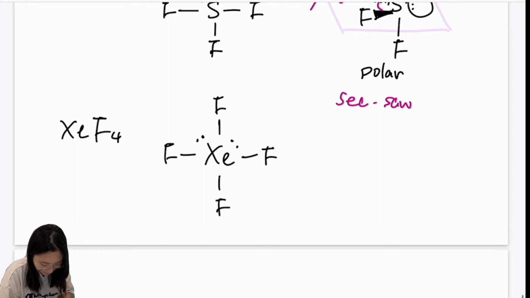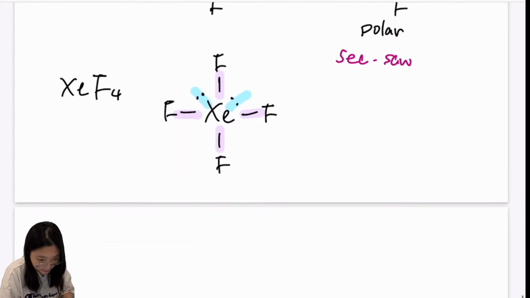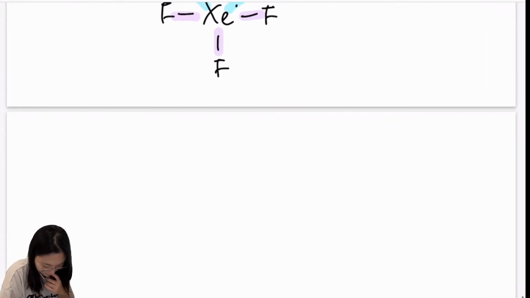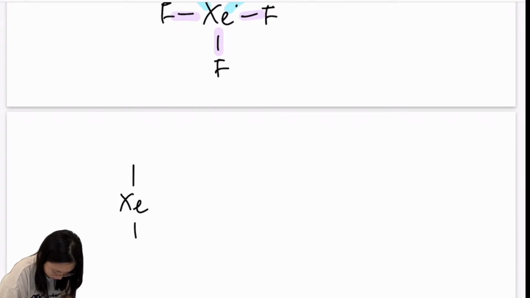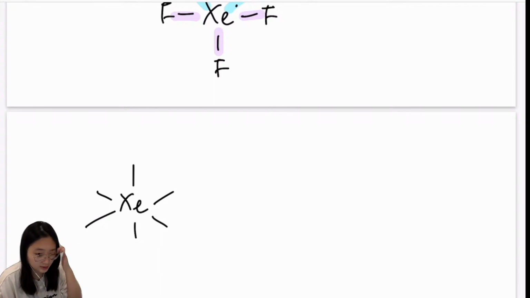And for xenon tetrafluoride, it has 6 electron pairs. So for 6 electron pairs, it's going to be, wait, what is it called again? Octahedral. Yes.